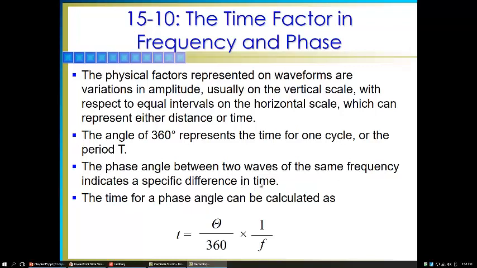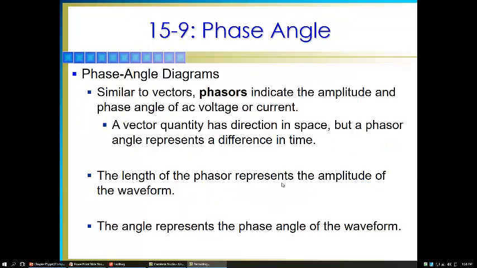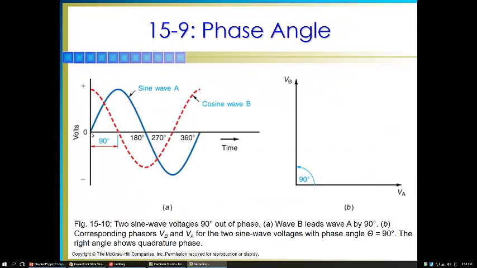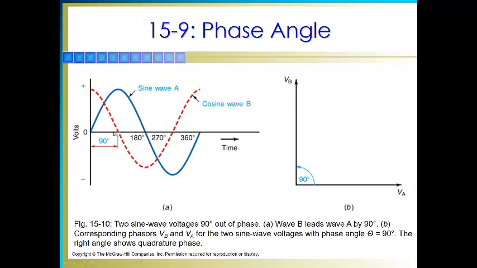So remember, the time factor is the time that it takes from here to here, when we compare the difference between the two waves in terms of time. So how long does it take for this 90 degrees to happen?